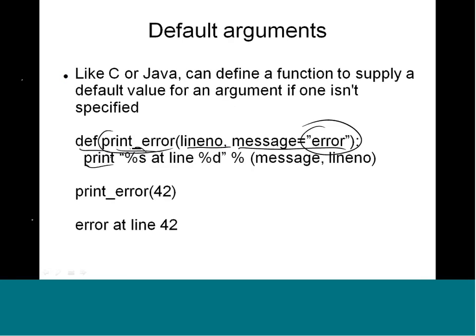And then we just print the error message, error at line number so and so. So when we say print_error(42), it just prints error at line number 42. So these are predefined values that you can supply into the function, and essentially that's what we get.